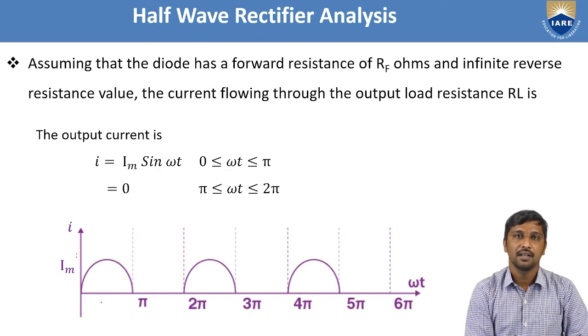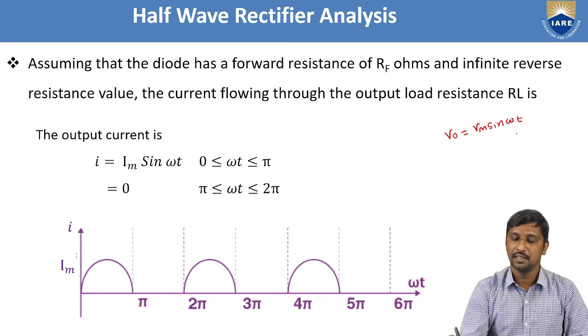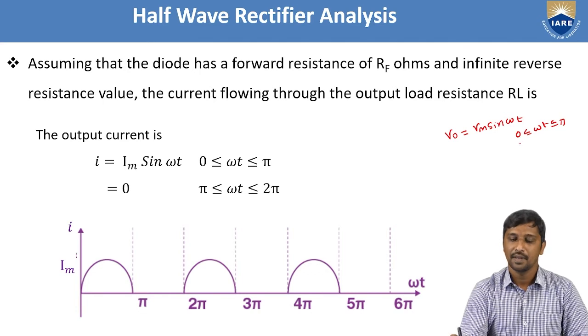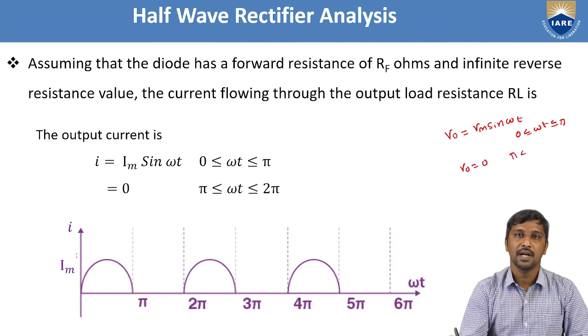The output current is directly proportional to the output voltage V naught. V naught is represented as Vm sine omega t for the duration 0 to pi, and V naught is 0 for the duration pi to 2 pi.